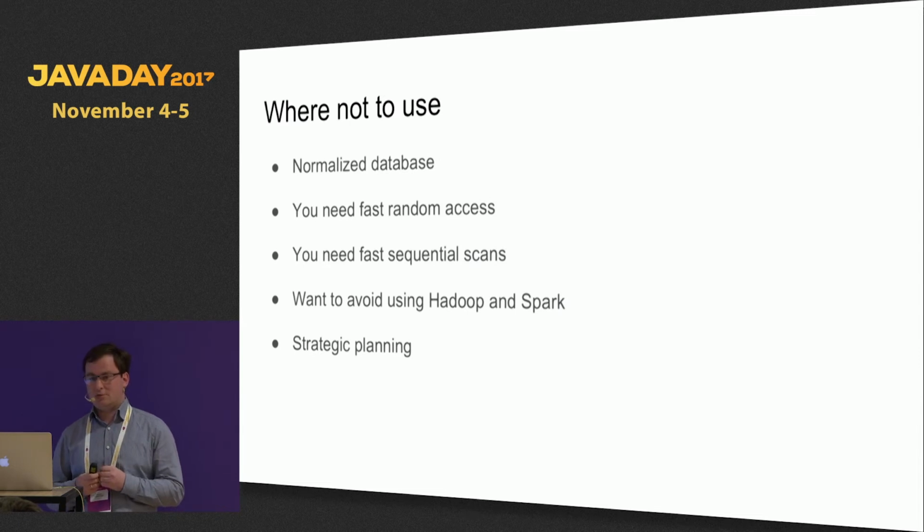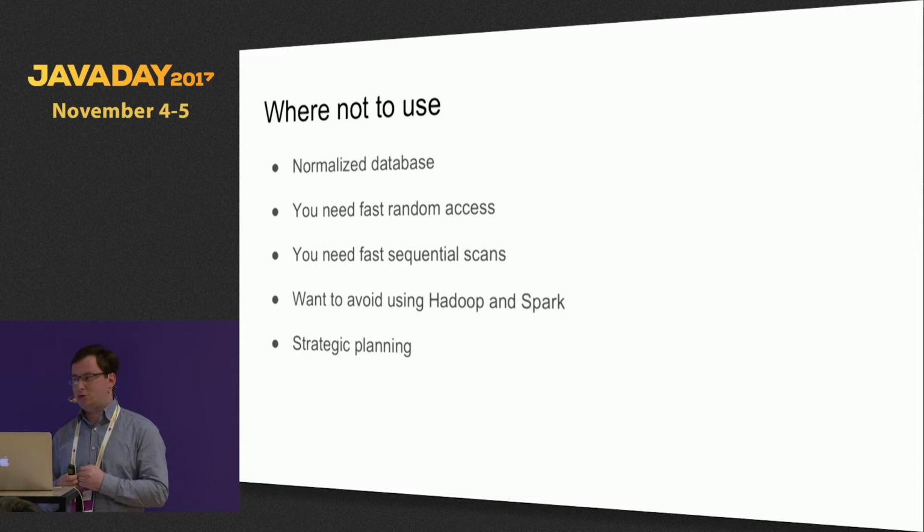Where not to use. In fact, I do not recommend you to use Kudu with normalized databases. If you have a lot of connections, Kudu will not support that. If you need fast random access, just use HBase and it's great. When you need fast sequential scans, you still need something like HBase.